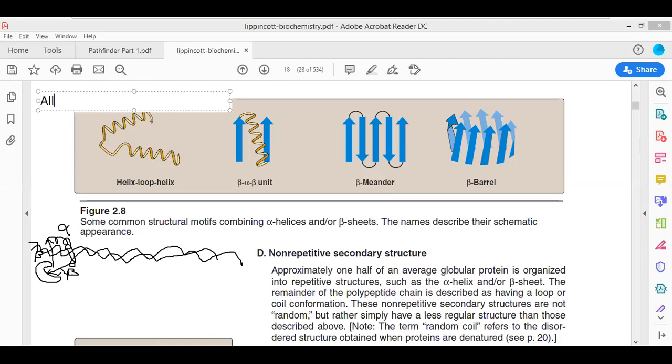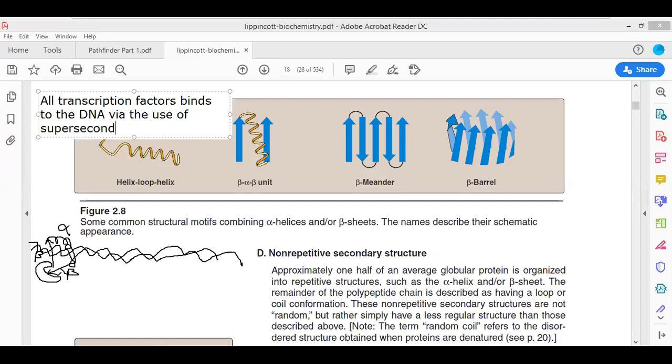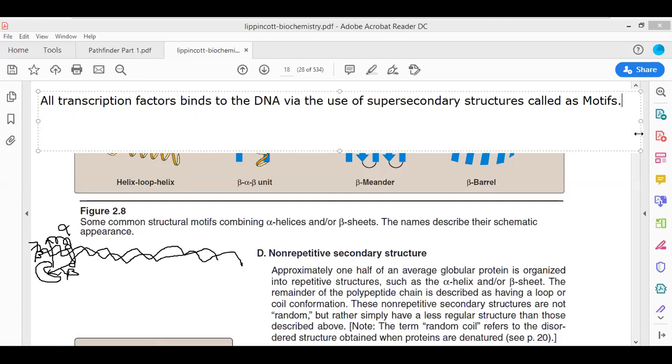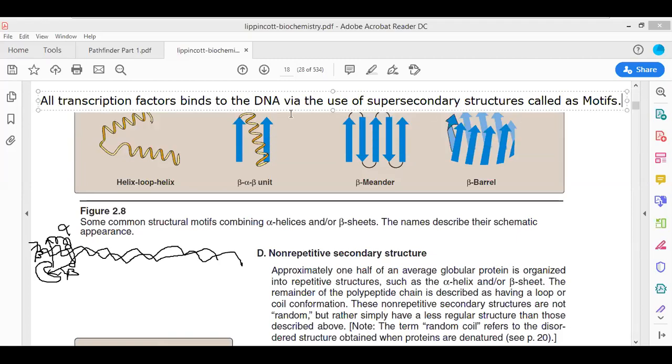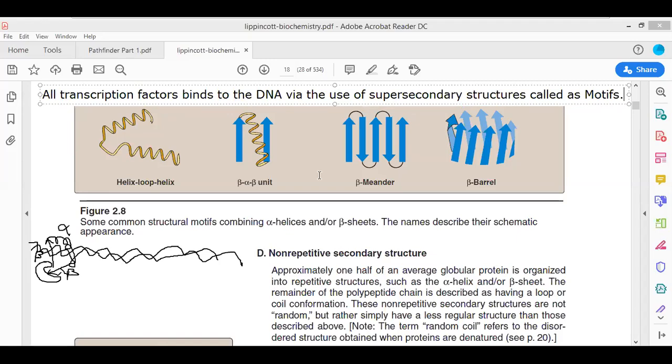All transcription factors bind to the DNA via the use of super secondary structures called motifs. So there are super secondary structure molecules which are being produced, and these are referred to as motifs. This is how motifs are present.